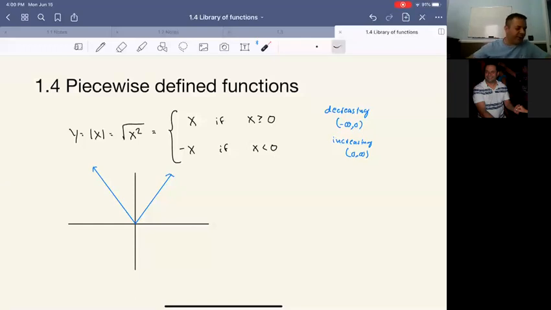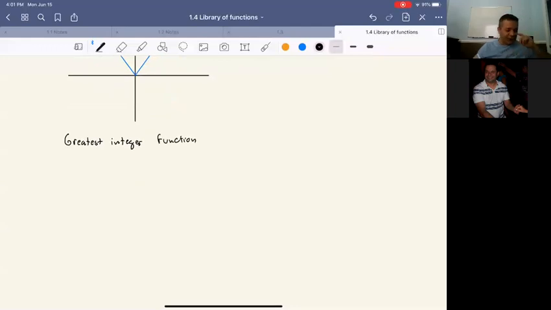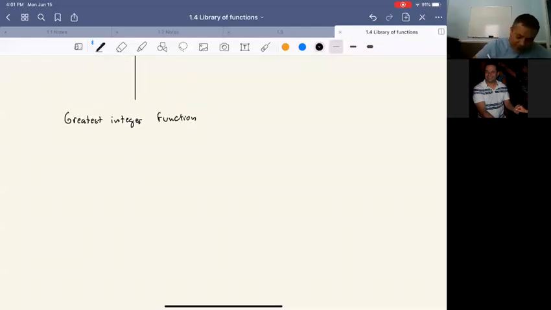Another piecewise defined function that we talk about in this class is what's called the greatest integer function. We don't talk about it much, but it does show up in the homework. And that is y equals, got this funky brackets on it.